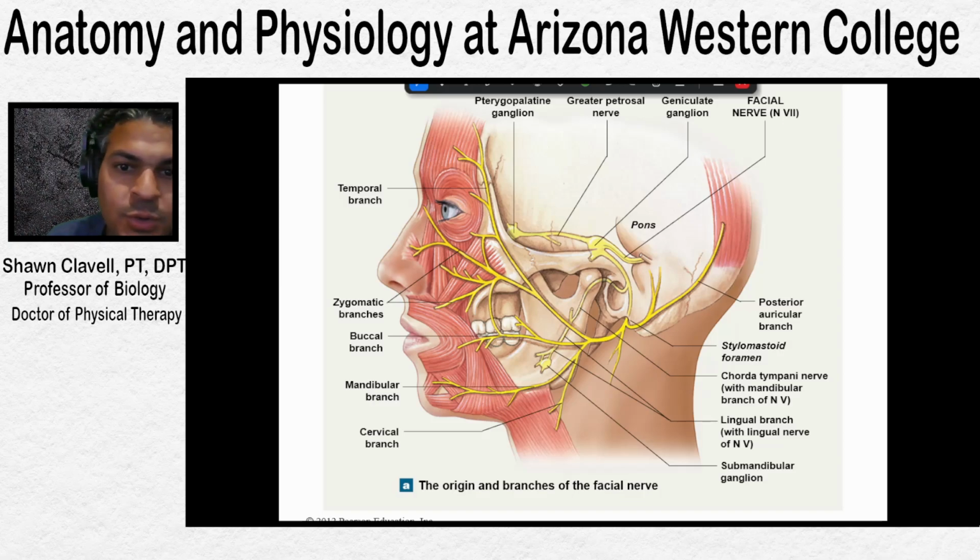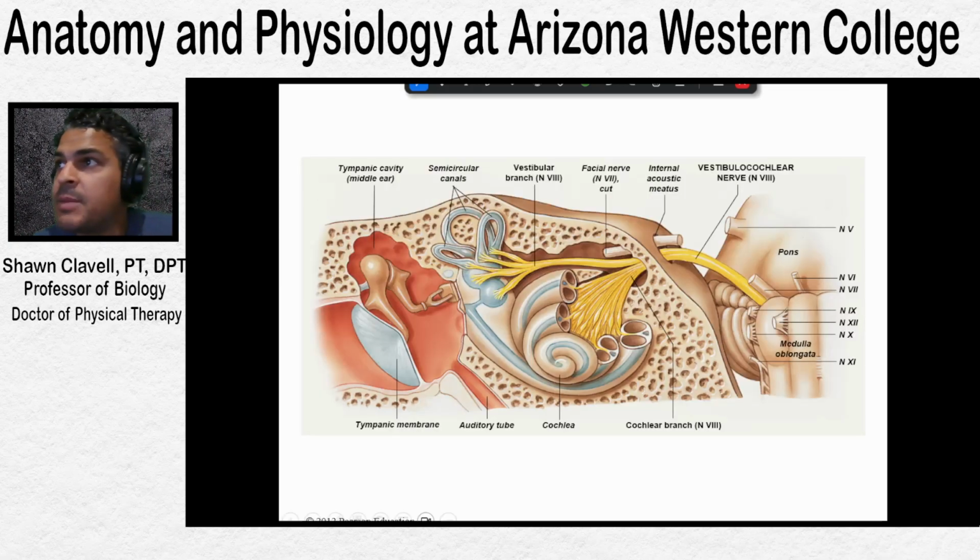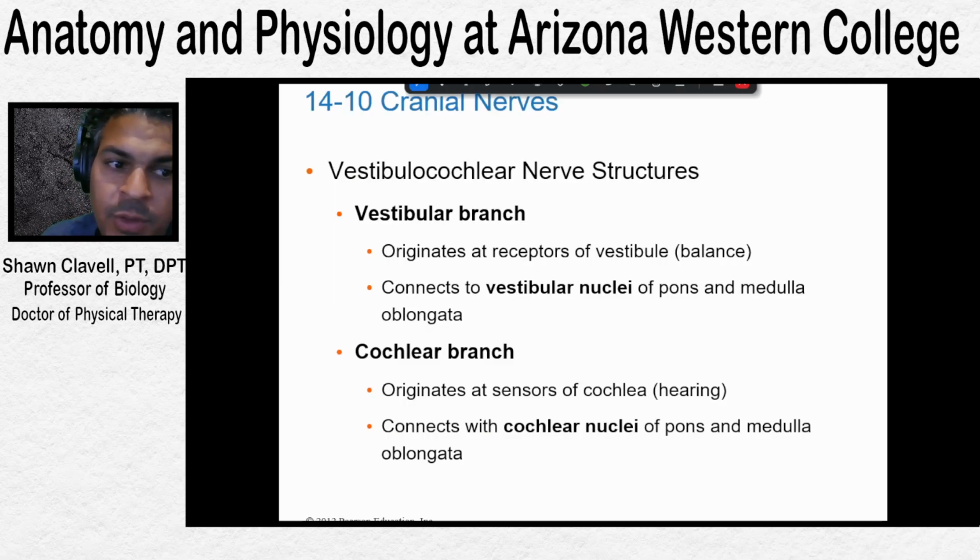Let's find the trigeminal nerve here, or even the vestibular ganglion, which is going to be a collection of cell bodies located in the eighth cranial nerve, right? The eighth cranial nerve is related to hearing. The cochlear branch is hearing, and the vestibular branch is balance.